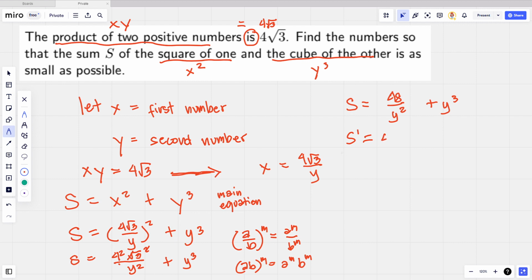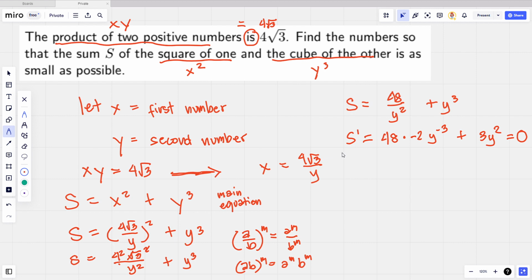The 48 is a constant, so we factor it out, and we have negative 2 y to the negative 3 plus 3y squared, and we equate that to 0 to get our value for y, the one that will make the sum as small as possible.